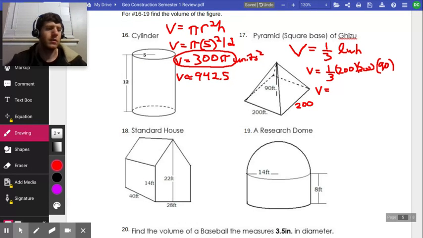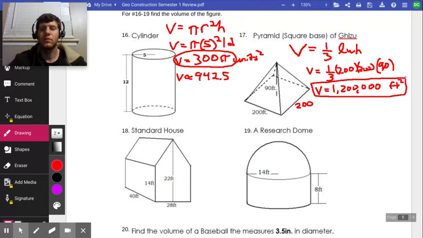We're going to get 1,200,000 feet squared. It's quite a big pyramid, over 1 million square feet. Right, did we do that right? That seems a little excessive, doesn't it? 200 times 200 times 90 divided by 3. Nope, we're good. Okay, it's pretty tall. Pretty big space there.